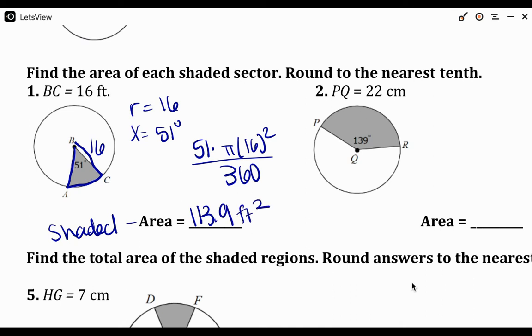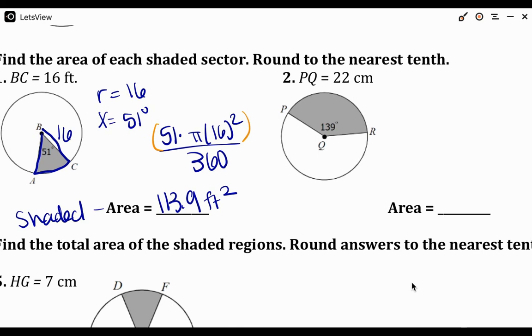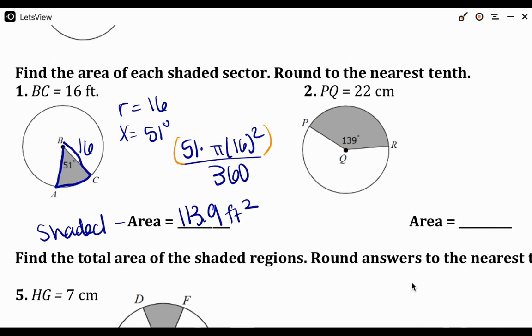When you're typing these in your calculator, make sure you're using parentheses around the top part of your fraction. If you have the special calculator that does fraction buttons, make sure everything is on the top, or make sure you have everything in parentheses. In number 2, PQ is your r, so this is 22.